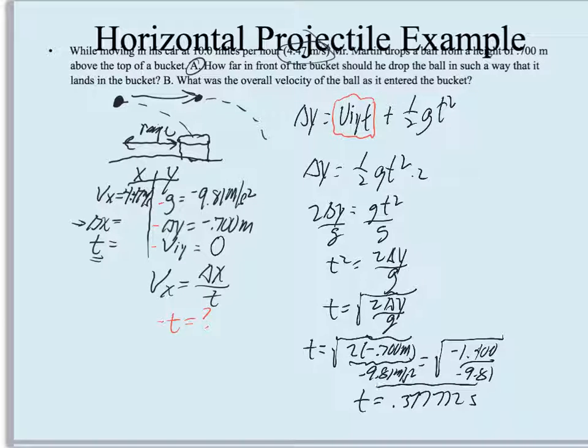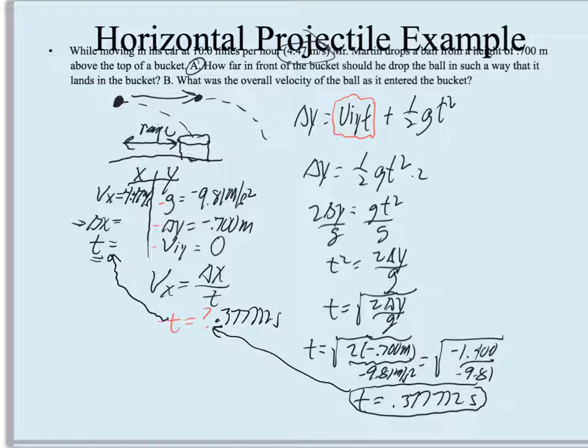And since I know this value, and remember, this isn't a value that I was asked to solve for, but I needed it to find it. So now I come over here and I realize, hey, now I know this value. And if I know this is 0.37772 seconds, then I know this value is 0.37772 seconds.